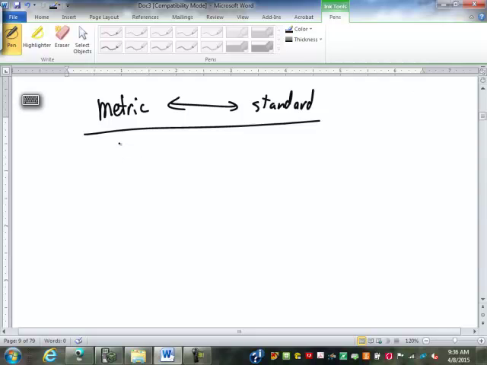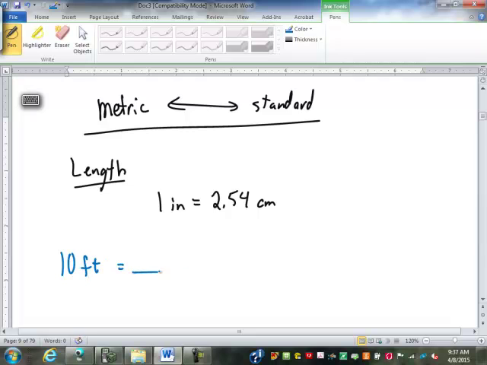For example, for length, the only conversion that I have memorized, because it's the only one that's exact, is that 1 inch equals 2.54 centimeters. So if I want to make a conversion between standard and metric or the other way around, I can use that conversion. For example, let's say I want to know 10 feet is how many meters?